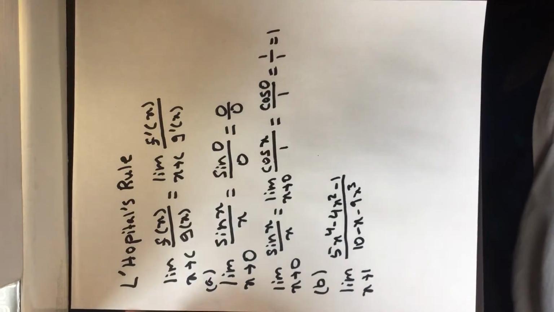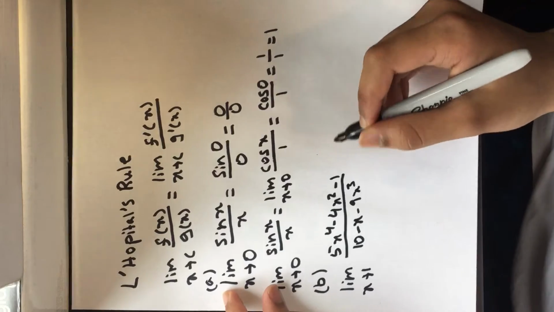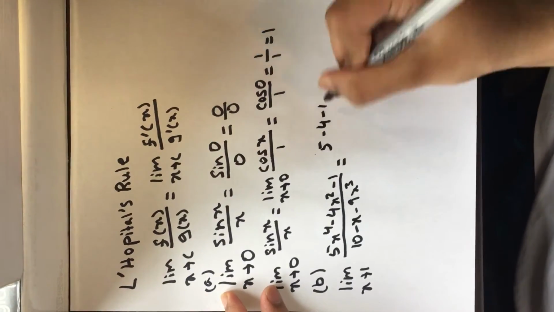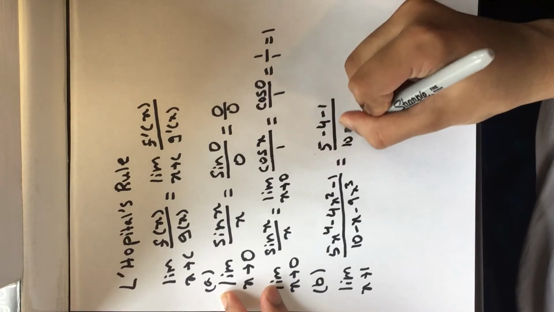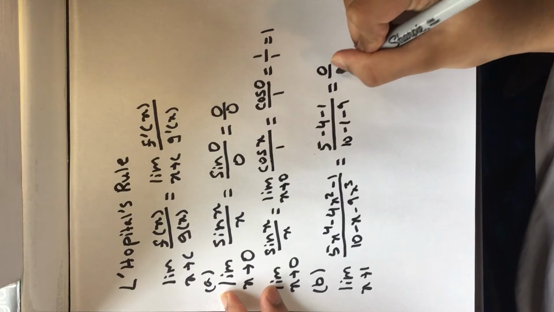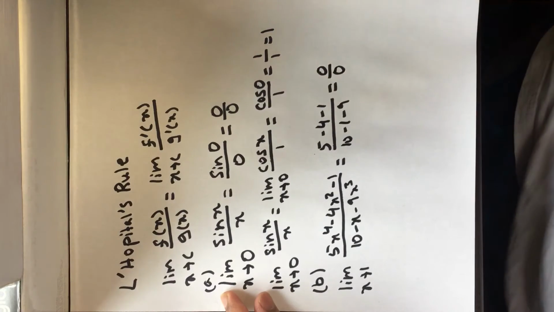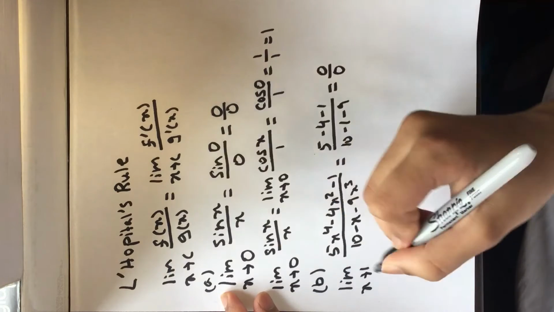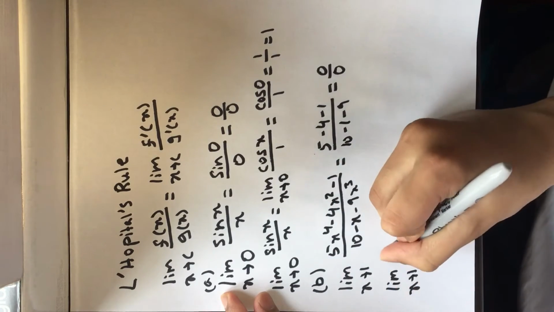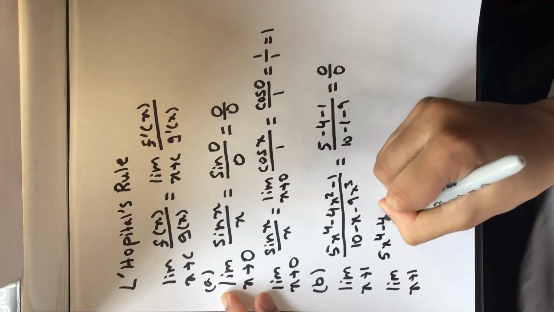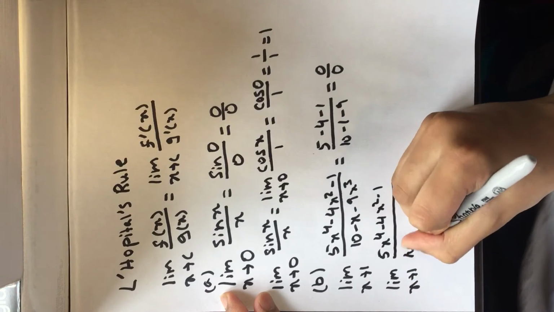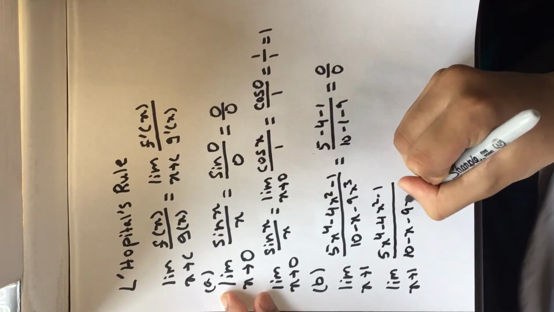Now, if we just plugged x in, we would get 5 minus 4 minus 1 over 10 minus 1 minus 9. This again gives us a 0 divided by 0 error. Now, using the same rule, we can do the limit as x goes to 1 of the derivatives.